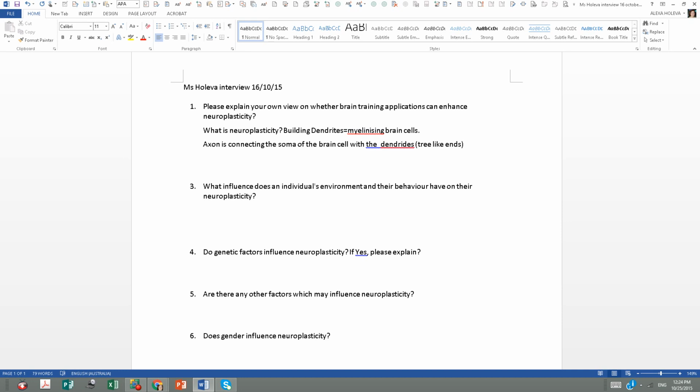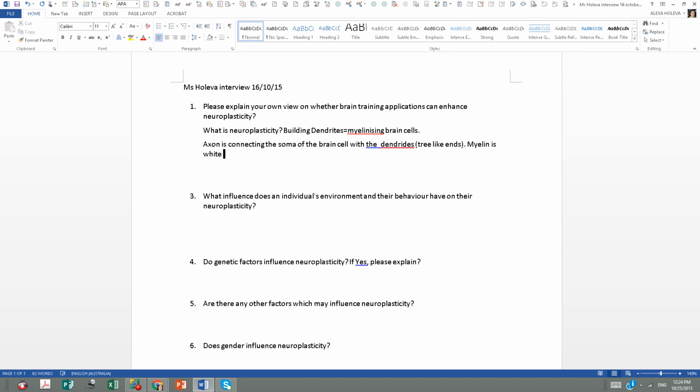So myelin is the cover, is the protector, is the white matter, not grey matter, a white matter substance that covers and protects actions.